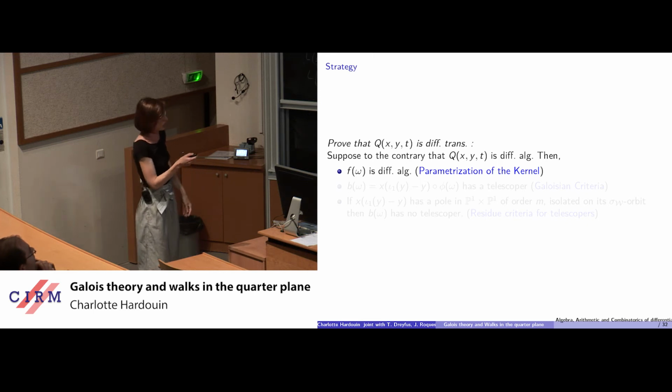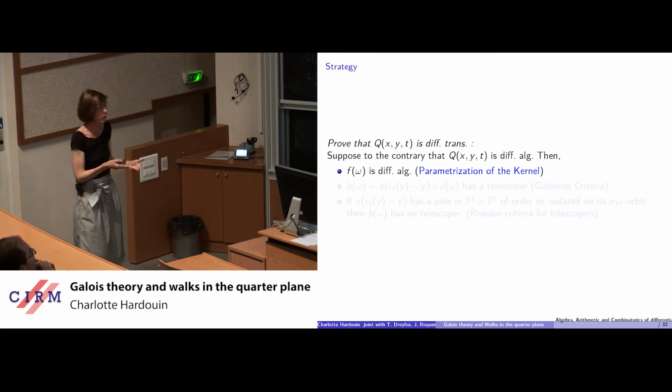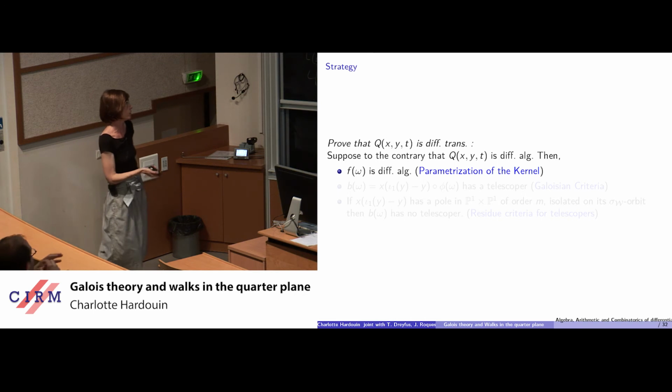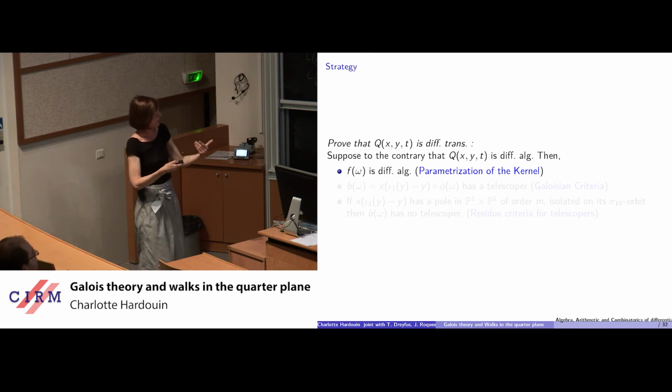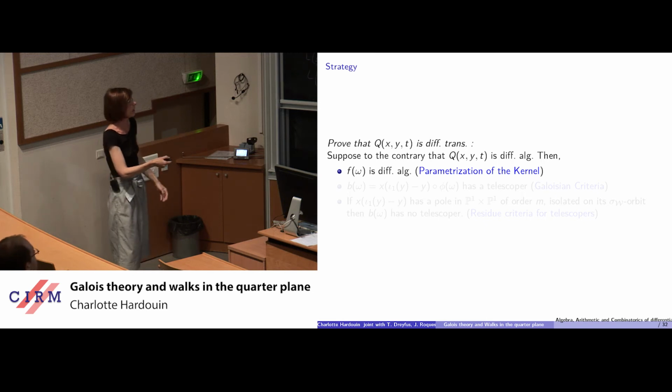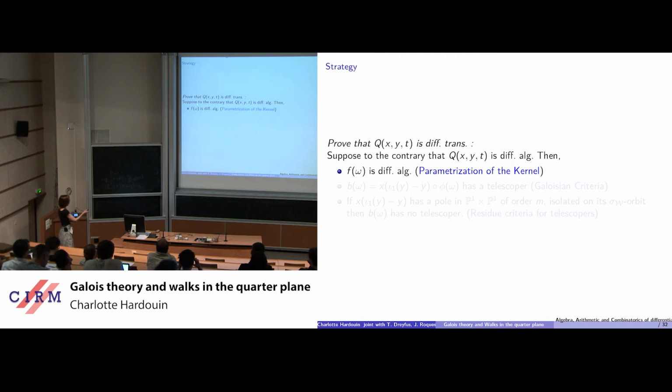So the strategy is as follows. You want to prove that the generating theory is differentially transcendental, so you suppose the contrary. And then you go to a much nicer setting by using a parametrization of the kernel and reducing this question to show that a simpler function is differentially algebraic.